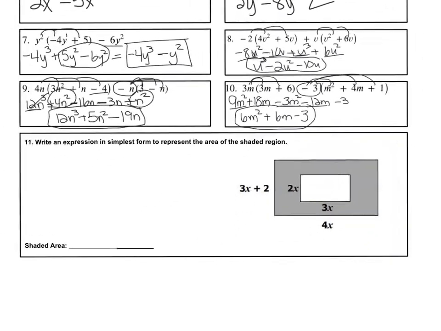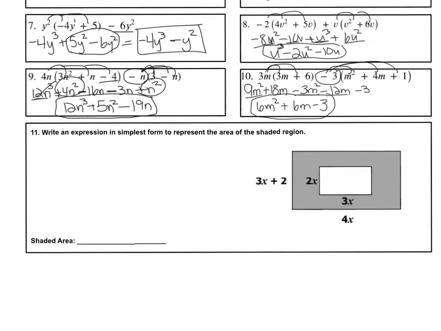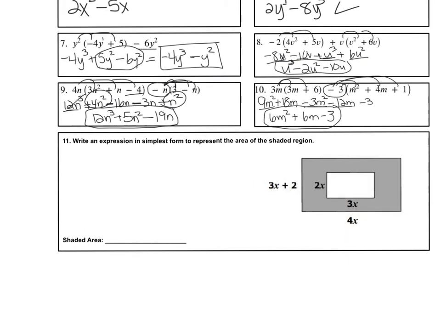The next problem is the shaded rectangle. Write an expression in simplest form to represent the area of the shaded region. So we're going to take the area of the big rectangle minus the area of the small rectangle.